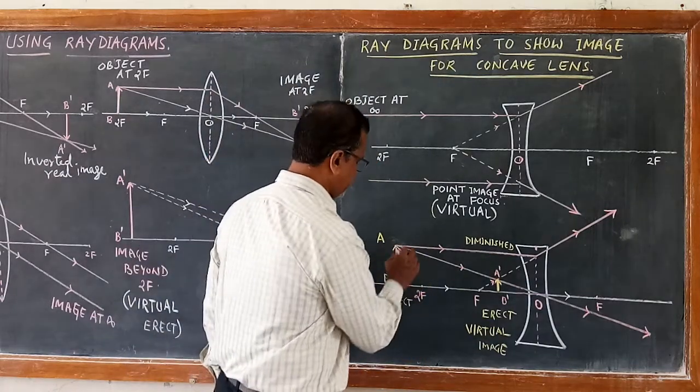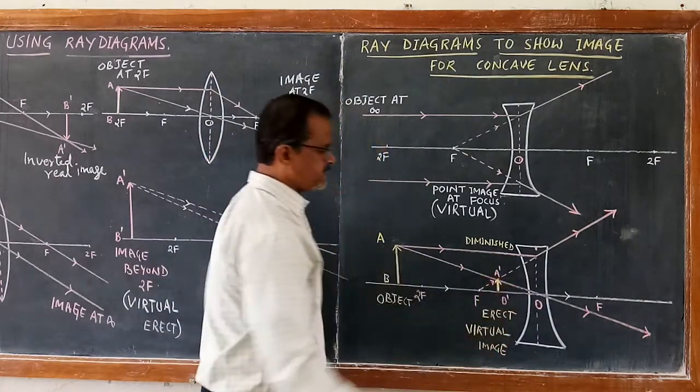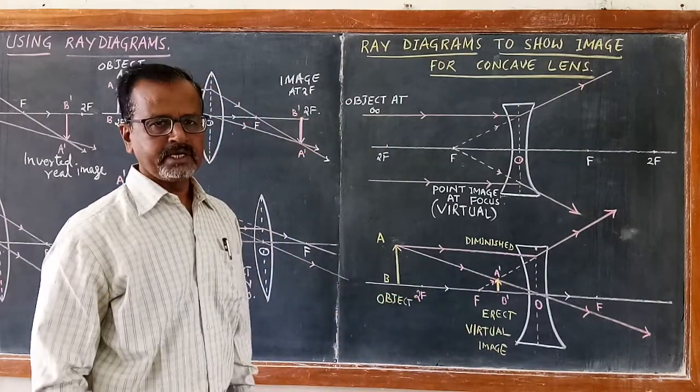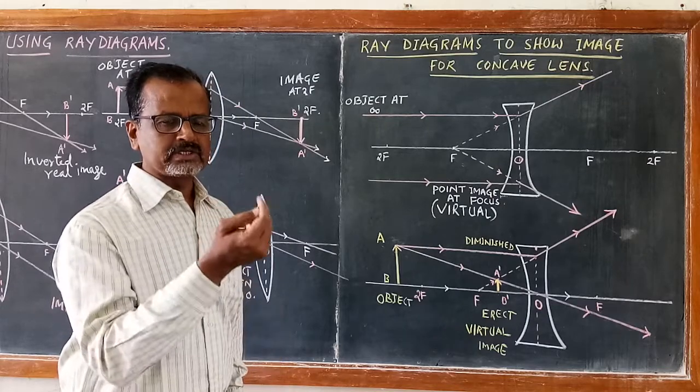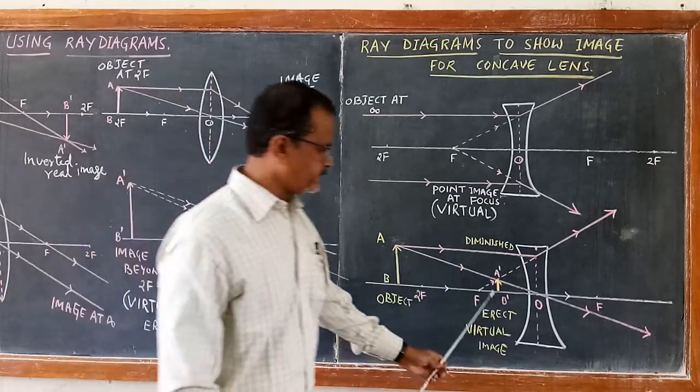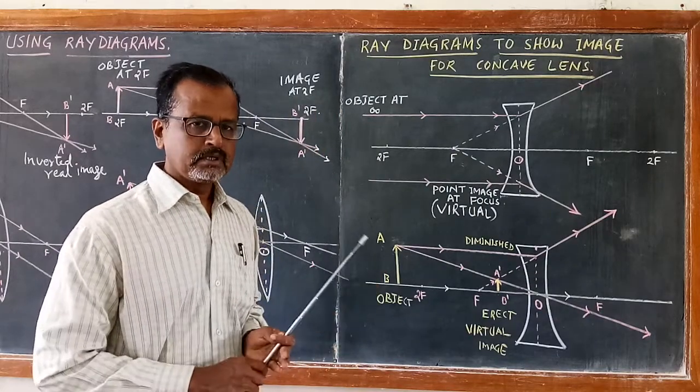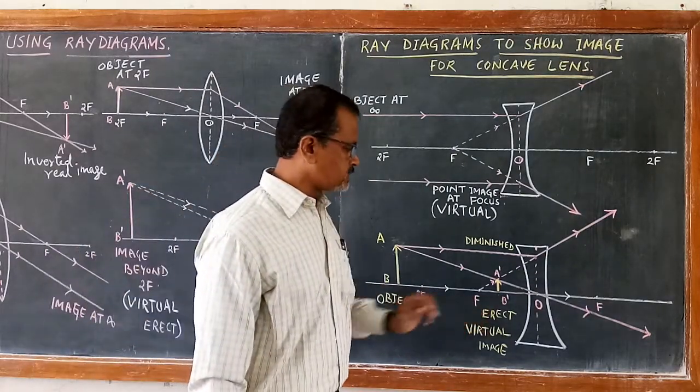So if AB is the object, we get A dash B dash as the image. You see A dash B dash is an erect image. Erect means upright, straight. Again, this image cannot be obtained on the screen, therefore this is a virtual image.